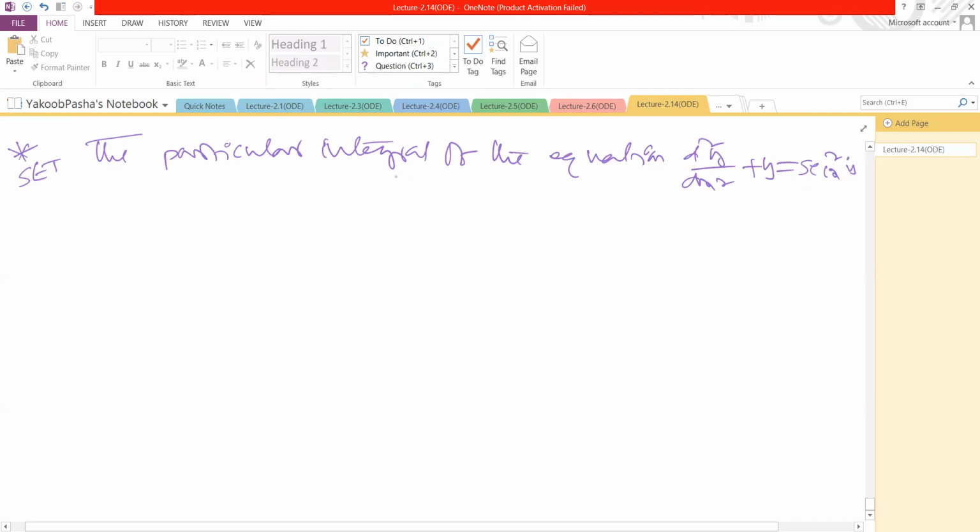If secant is there, or cosecant, tan, cot, we go for variation of parameters.